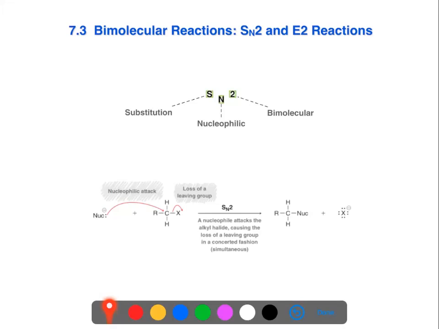It's nucleophilic substitution, bimolecular, implying that you have two molecules involved in the rate determining step of this reaction. We don't need to go into specifics regarding the kinetics, but that's where the term is coming from, that two molecules are involved in the most important step in this mechanism. And as shown, this is the only step in this mechanism. So therefore, it must be the important one.